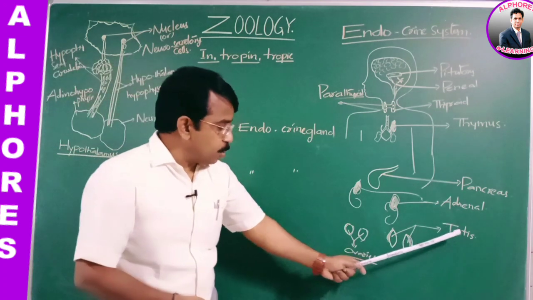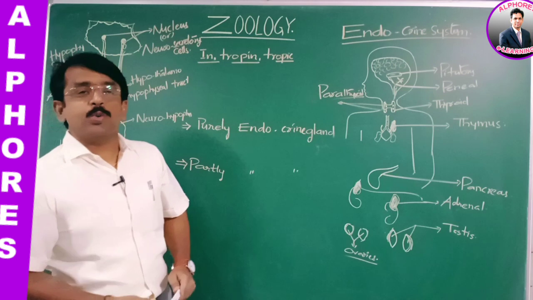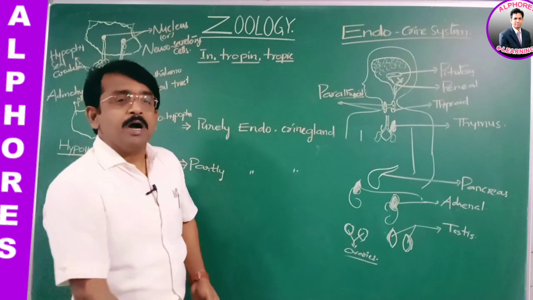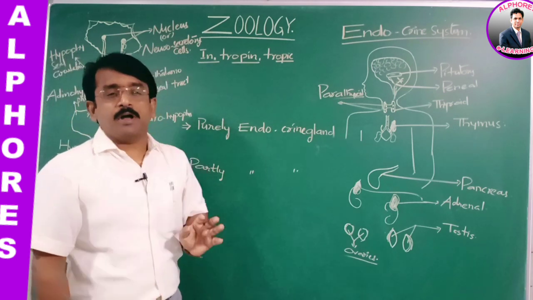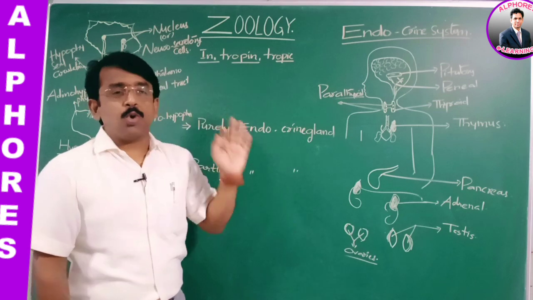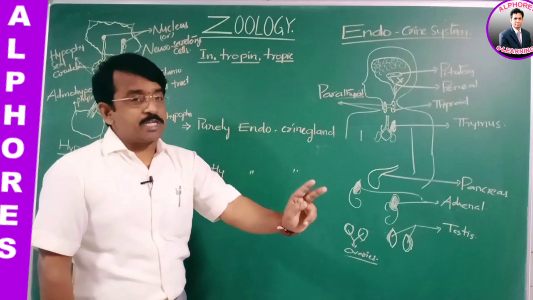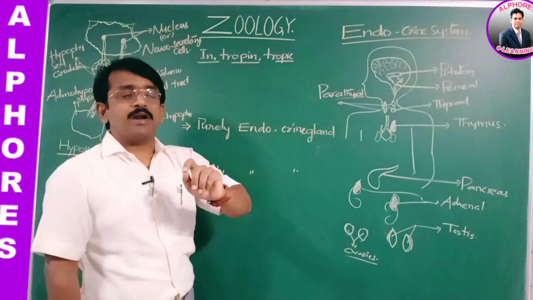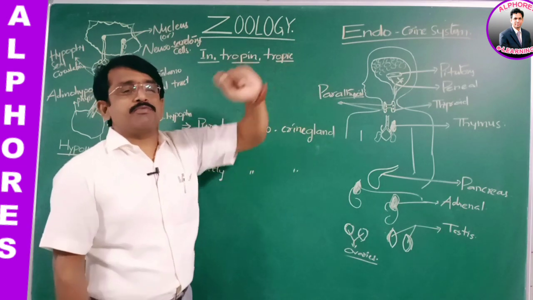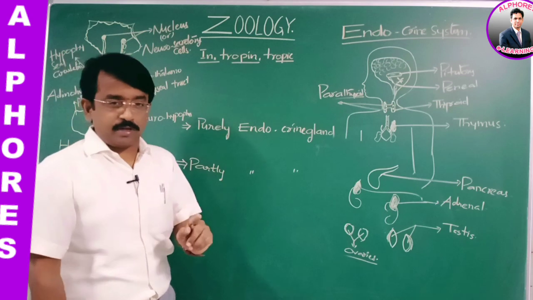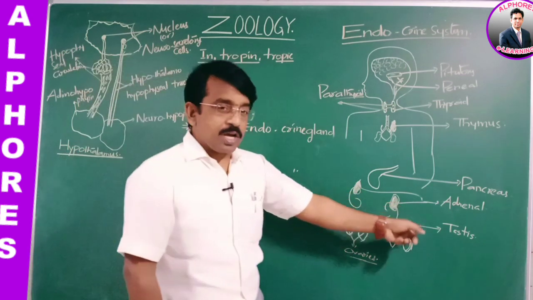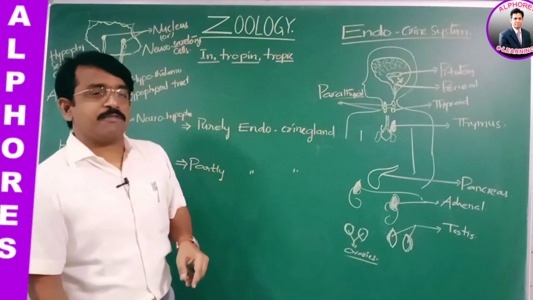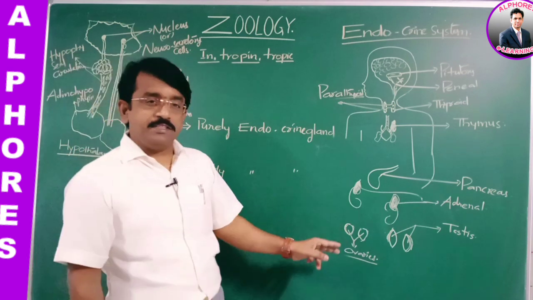Let's see another, the gonads, testis and ovary. The testis produces the sperms, the ovary produces ova. Those are gamete cells whose fusion results in a zygote, and the continuity of the human race takes place. Is it right? So does it have only one function, that is, the production of germ cells?